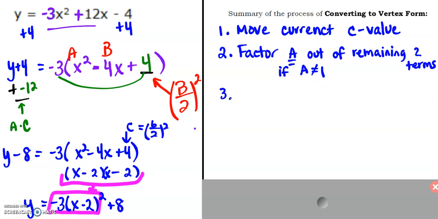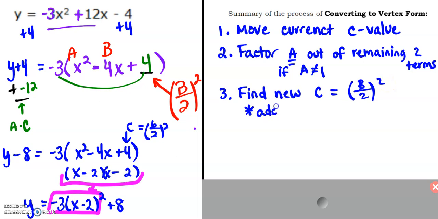Then the third thing you need to do is find a new c value, and you do that by taking b divided by 2 and squaring it. You want to make a note that you're going to add it to both sides.